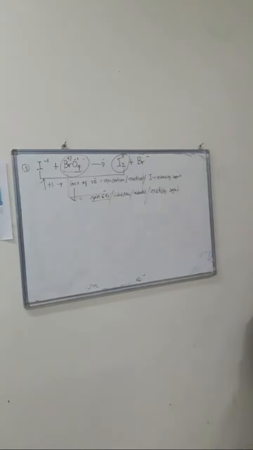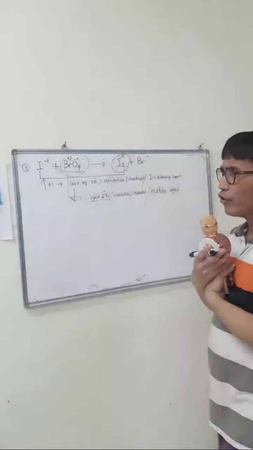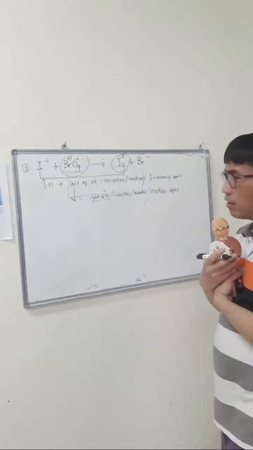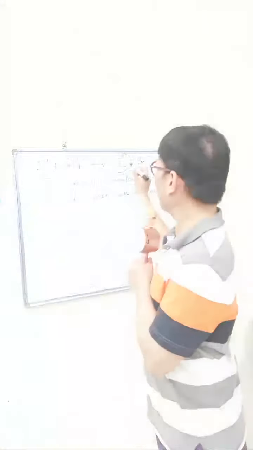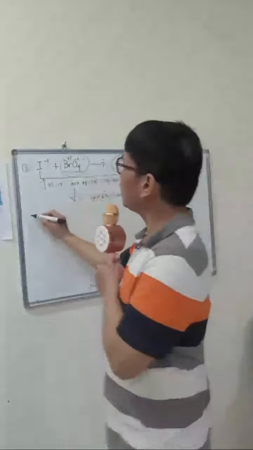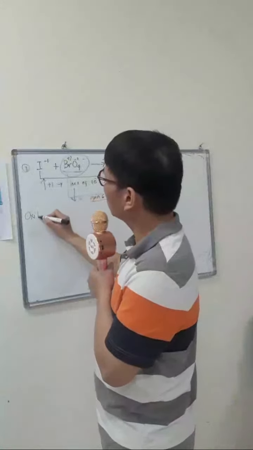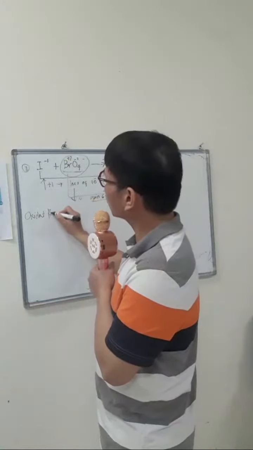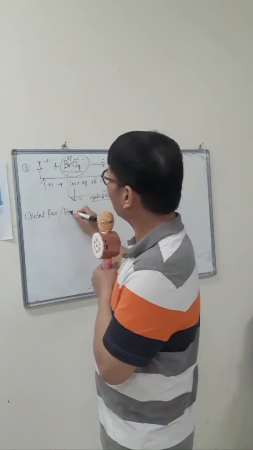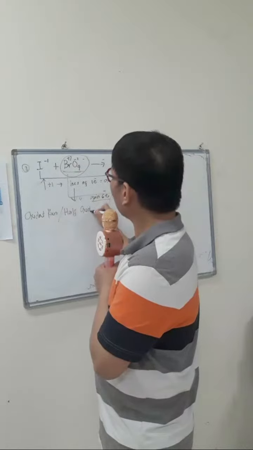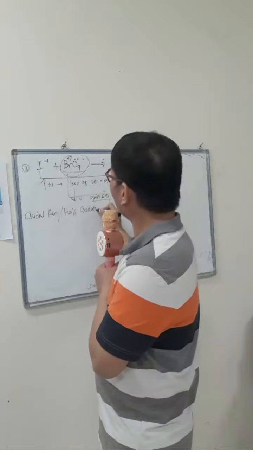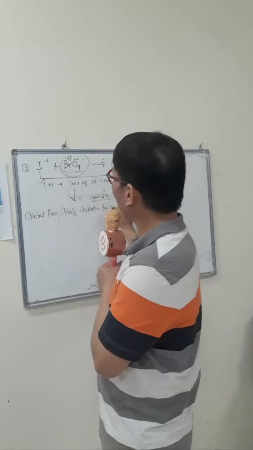Perfect. Now we go to number 2, the oxidation and reduction equations. In here, what is your oxidation? It's the iodine, right? So put here oxidation reaction, or the half oxidation reaction, which is simply the oxidation reaction.